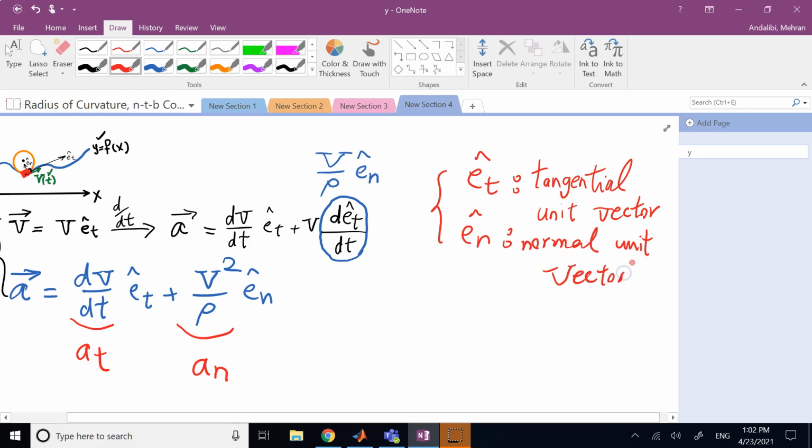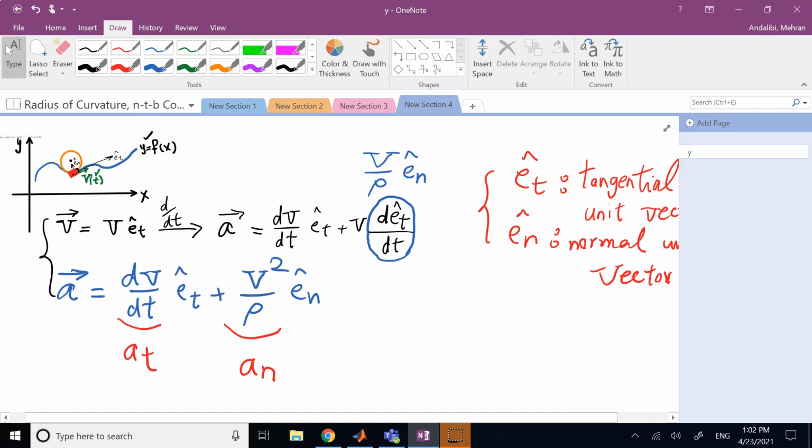These are two of the three unit vectors of this new frame NT. The third one I'll show you is perpendicular to both. We call it binormal, and we talk about it, but clearly you can describe your velocity and acceleration well by ET and EN and by single terms.